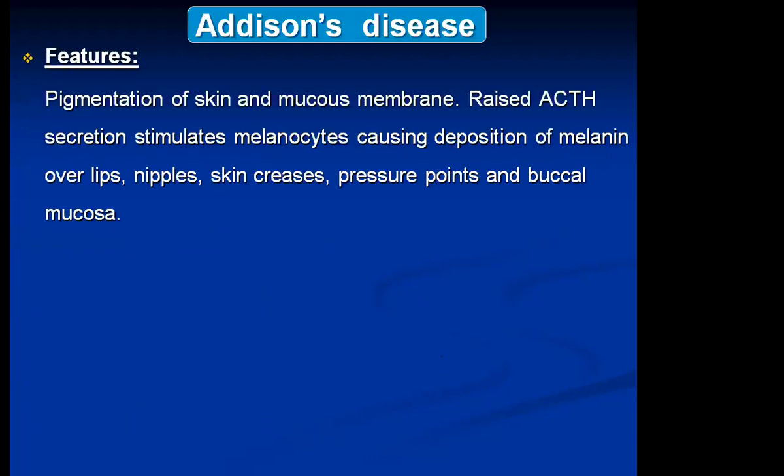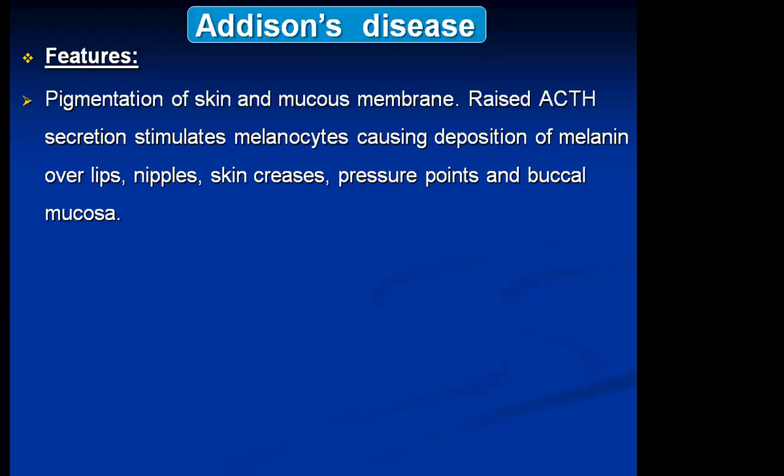What are the features in Addison's disease? Now there is pigmentation of the skin and the mucous membrane. This raised ACTH, which is secondary to decrease in the adrenocortical hormones, stimulates melanocytes, causing deposition of melanin over the lips, nipples, skin creases, pressure points, and buccal mucosa.